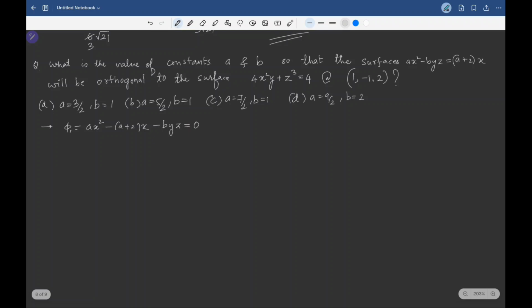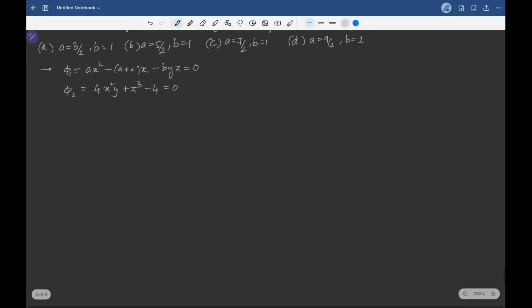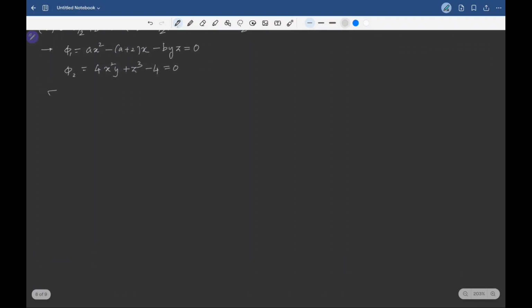That is surface 1. Surface 2 is given by phi 2 is 4x squared y plus z cube minus 4 is equal to 0. So take the gradient of both the functions.